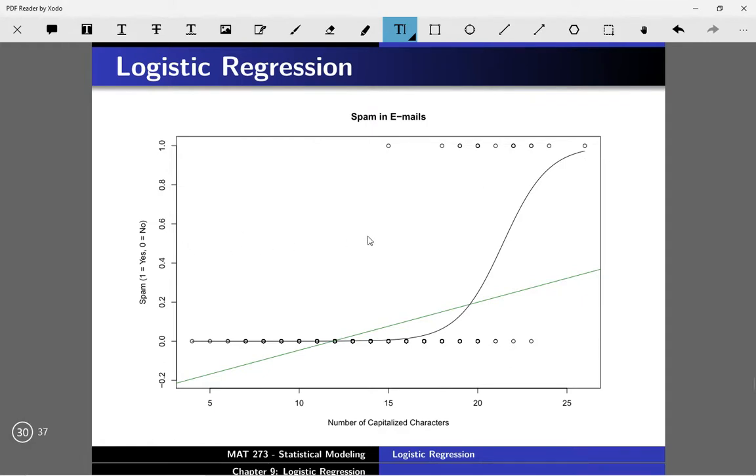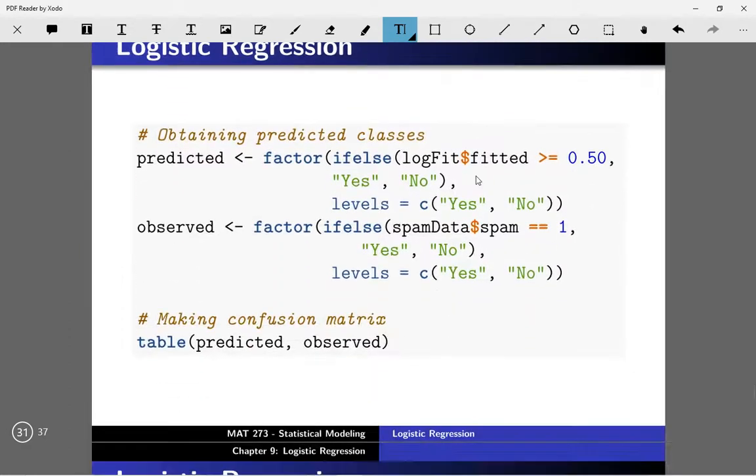Okay, and the cutoff is somewhere about here at 0.5. So this is where the logistic model, from here onto the right, starts thinking it's more likely that the email is spam than not. Okay. So you can see how this logistic model certainly seems to fit the data a little bit better.